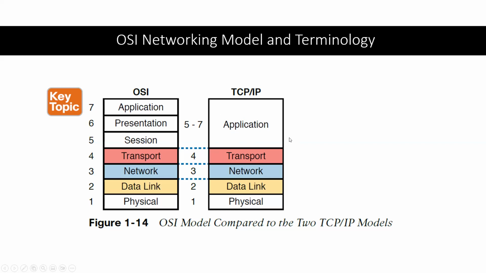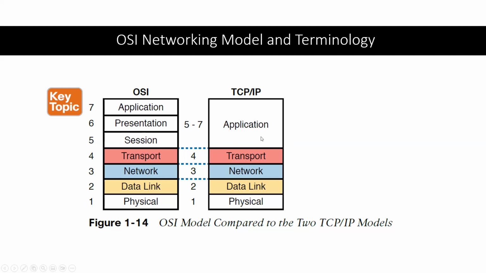OSI layer 7, application, is layer 5, the application layer, in TCP/IP. OSI presentation is still layer 5. OSI session, on your PC, is still application.